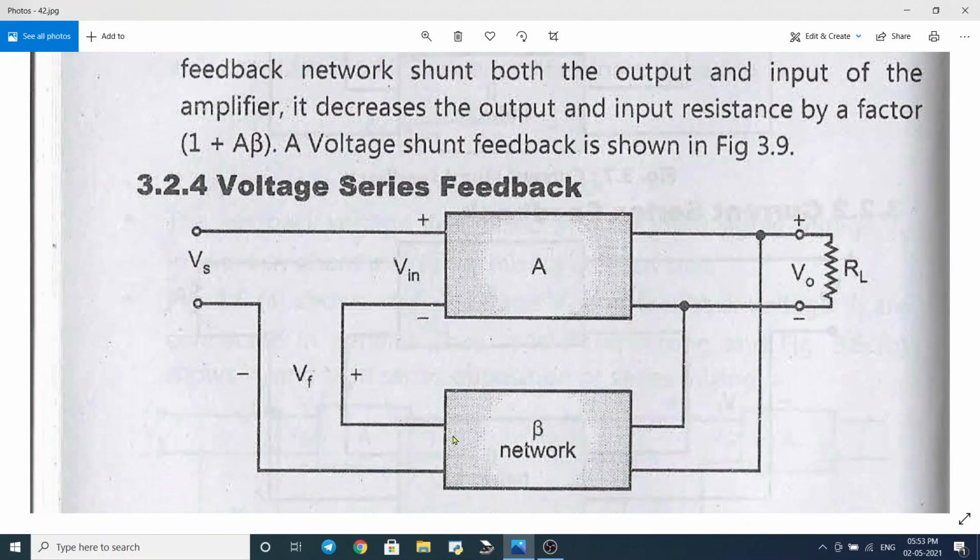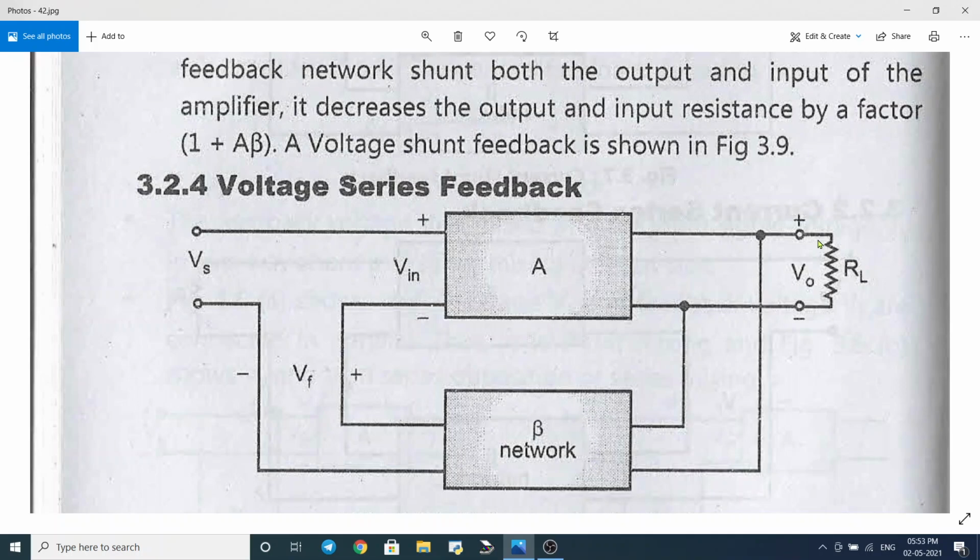And now voltage series feedback. From the type of sampling, it is voltage feedback, and from the type of mixing, it is series feedback. So the combination is voltage series. See, the output voltage or load voltage is applied here.